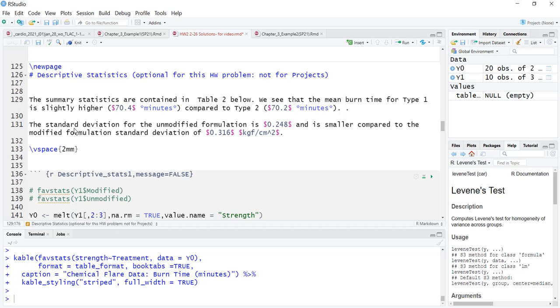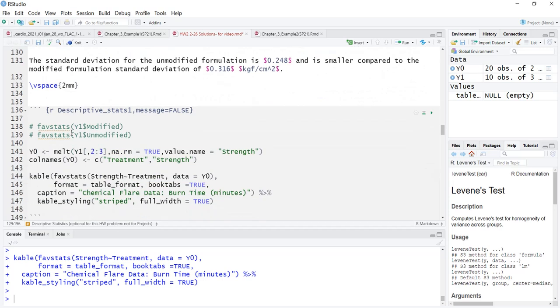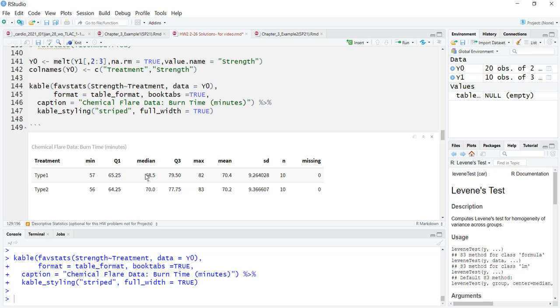And then, however, the median burn time, so I'm looking at this table and I look at the median, so even though the mean is higher for 1 than for 2, the median is lower.